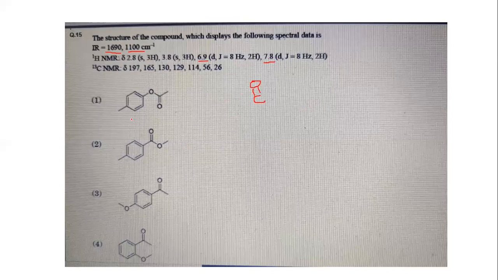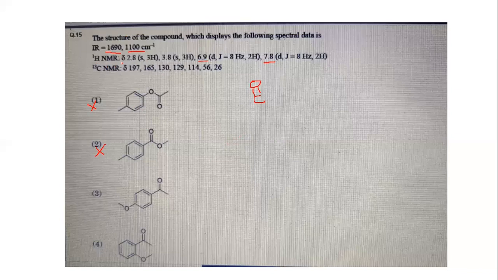The 1100 centimeter inverse corresponds to an ether linkage. So from the IR data, we can eliminate the esters over here. That is, 1 can be ruled out, which is an ester, and 2 also can be ruled out, which is an ester.